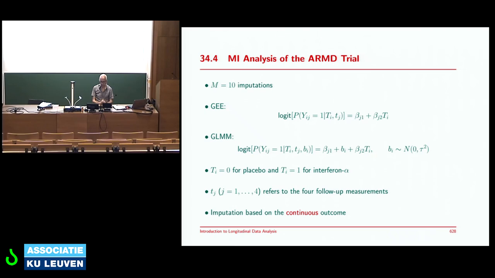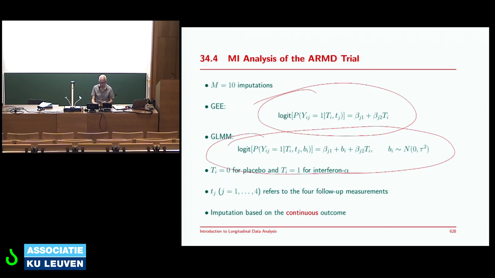You will see that nowadays, with PROC GEE on the one hand for weighted GEE, and multiple imputation on the other hand, it's really not the case that one is very much more difficult than the other. They're comparable. We'll have to think about it in terms of advantages and disadvantages. So, once again, we are going to fit GEE and GLMM.